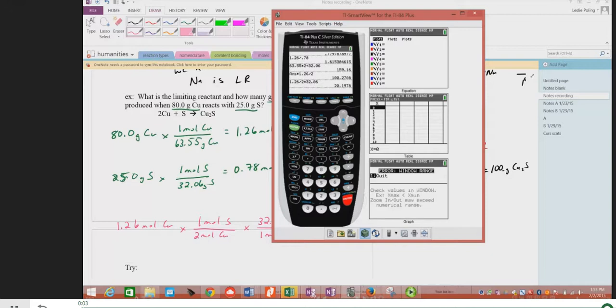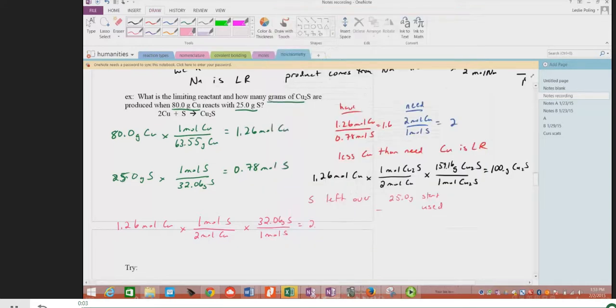So 20.2. That's how much we used. So we've got 4.8 grams of sulfur left.